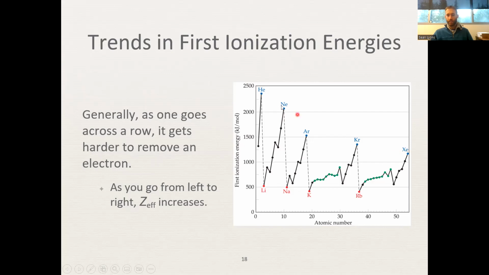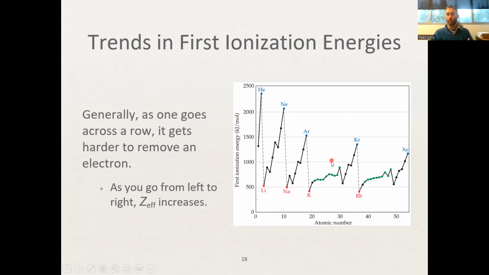And it makes sense that in each of these periods, the noble gas is going to have the highest ionization energy, because the noble gas already has the most stable configuration by having that stable octet, those 8 valence electrons. Only 2 for helium since it's in the first row, but it's the same idea where it's got a full valence shell. So these atoms have no desire to lose an electron.